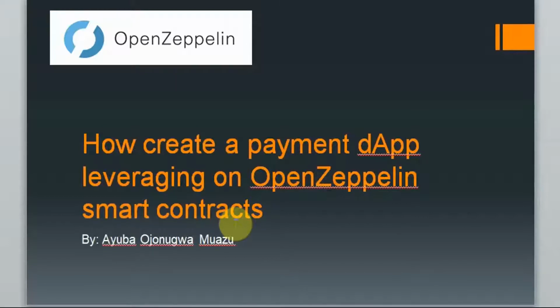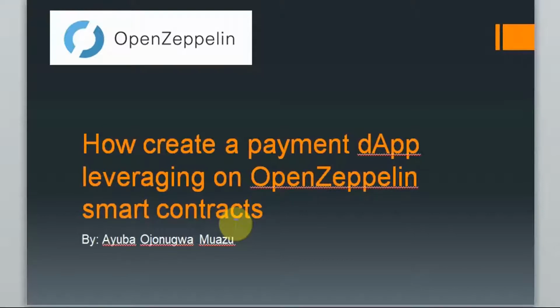Now, OpenZeppelin, we are going to look at what it is, and then we're going to look at how effective and efficient it is in leveraging this technology to make our smart contract development very easy.